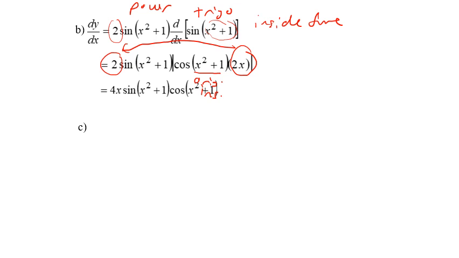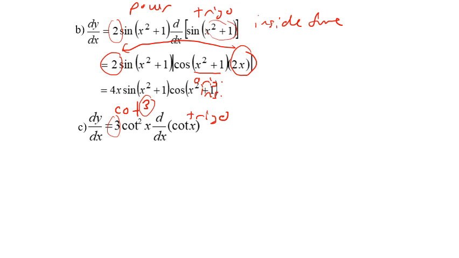Okay. And then lastly for question C. Remember for question C, we have cotangent to the power of 3, the original question. Differentiate power, so 3 we bring to the front as coefficient 3, and then the power is reduced by 1, so cotangent squared. And then we still have to differentiate the trigo function, so differentiate cotangent.